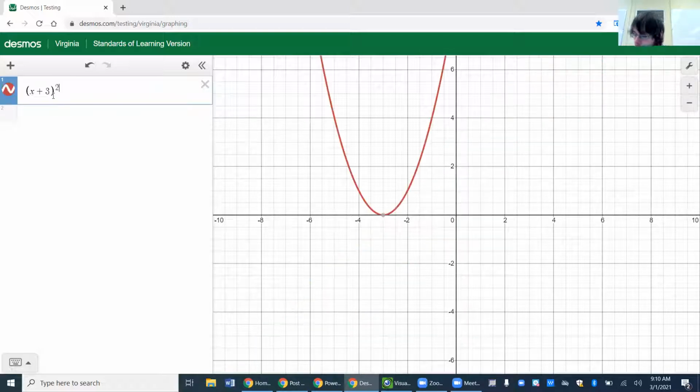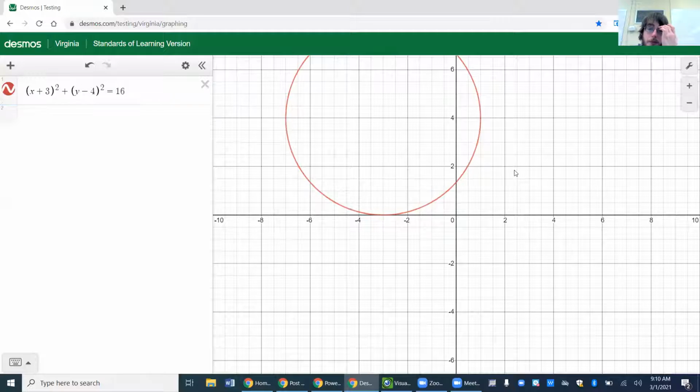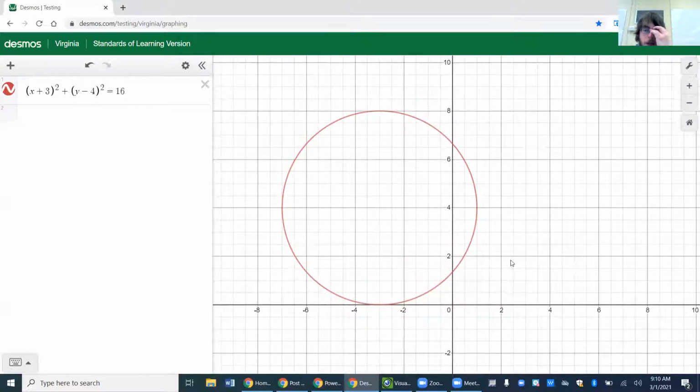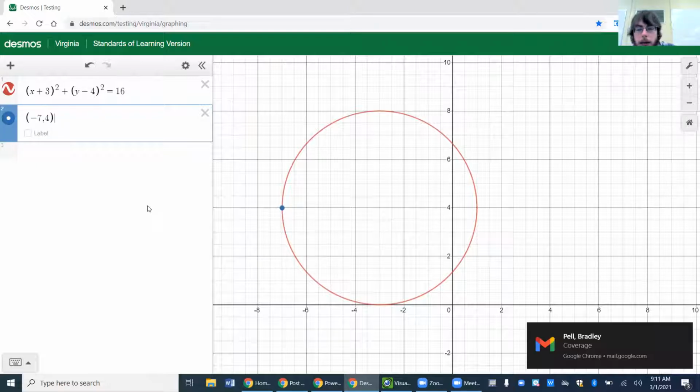We're going to type it in exactly like it shows on the paper, equals 16. So now all we have to do is plug in those points. On the second line after you've graphed the equation, we're going to see if -7, 4 does indeed lie on the line. So we're going to type in -7, 4.